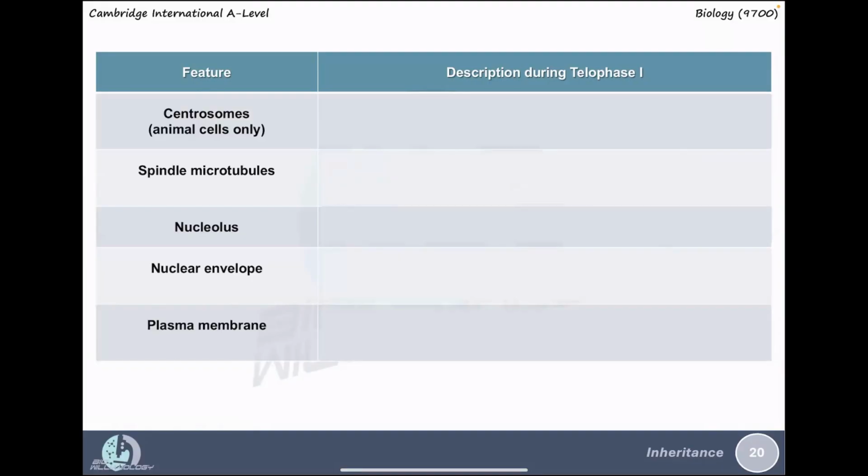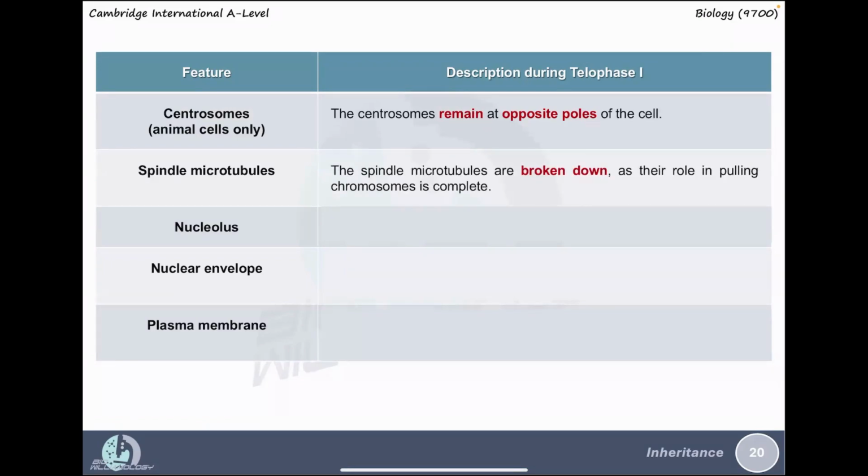How about the centrosome? The centrosome remains at the opposite poles of the cell, and the spindle microtubules are broken down as their role in pulling chromosomes is complete.